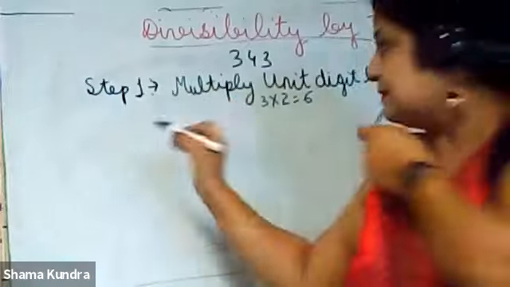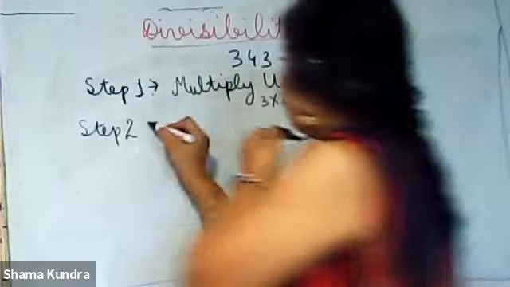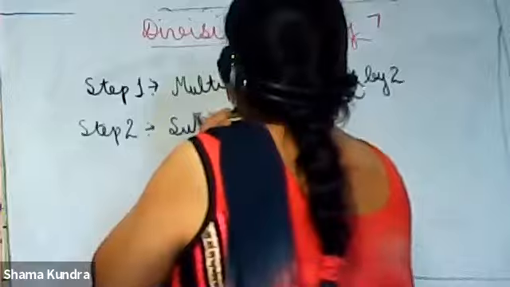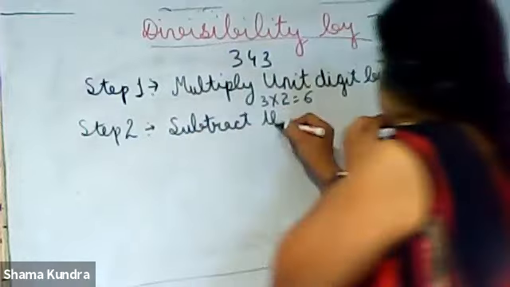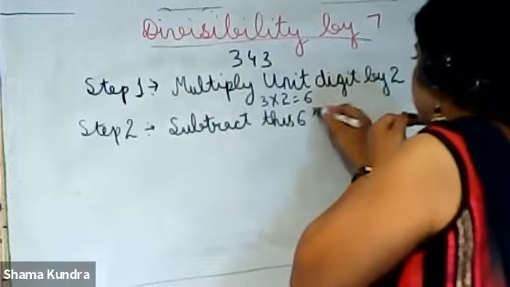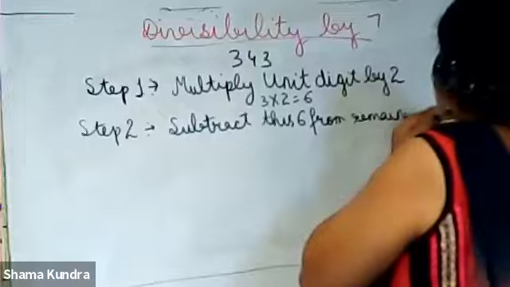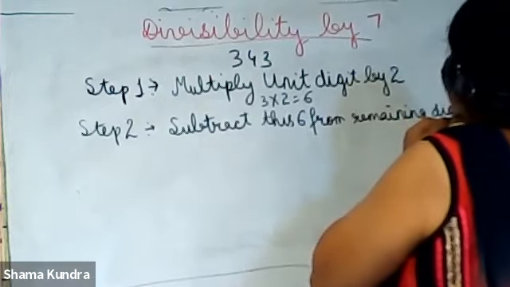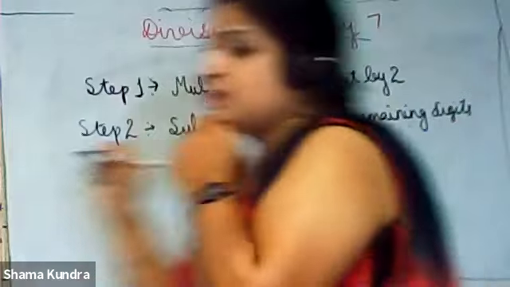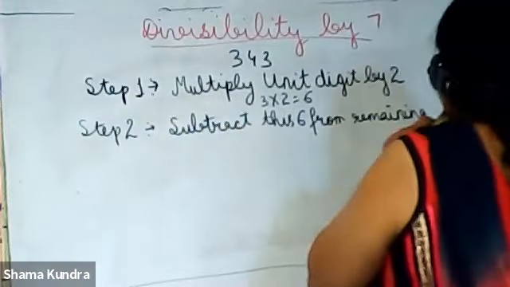Now step 2 is: subtract this 6 from the remaining digits, or you can say the remaining number.